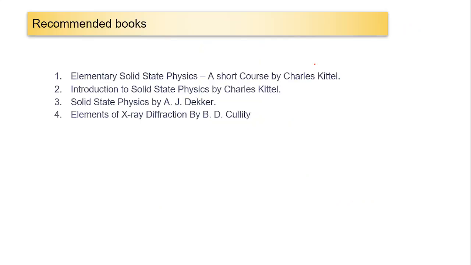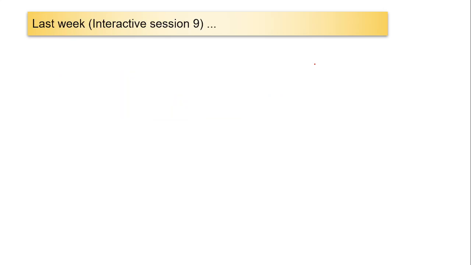These are the books recommended for this course. So, last week we were discussing thermal properties of solids. We had discussed various models which try to explain the thermal behavior of various solids that is seen.